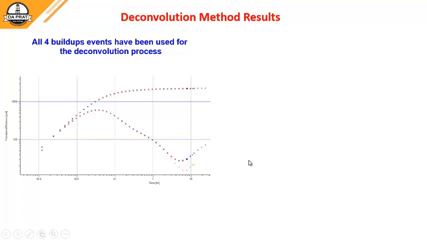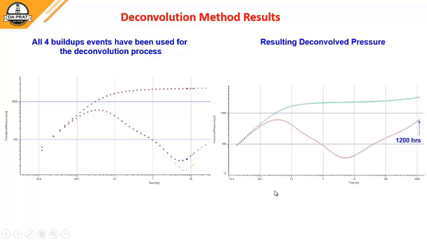We're going to fit with these four build-ups that you have seen before. And then you're going to see, when I use the software, how we get this resulting deconvolved function. It represents 1200 hours of testing time, a constant rate type of solution.